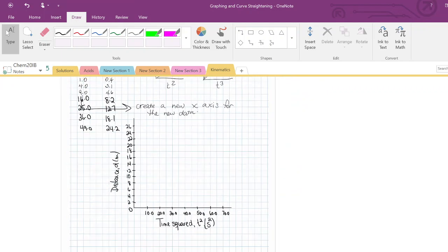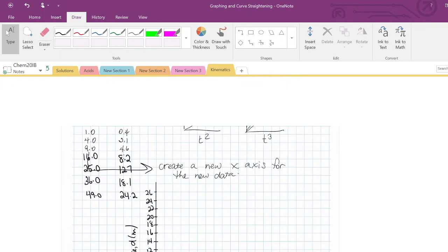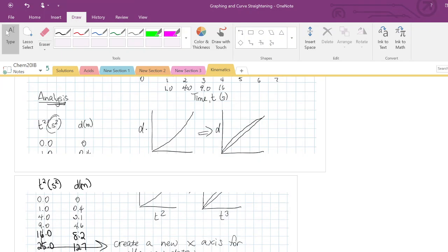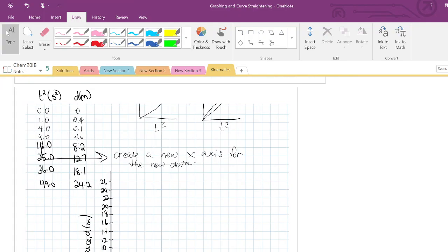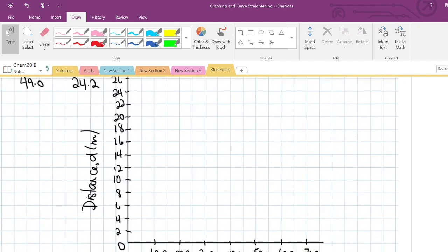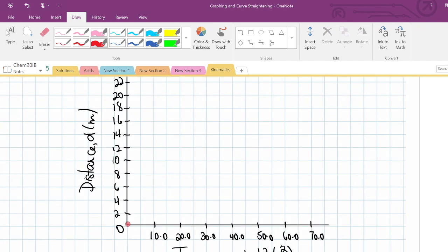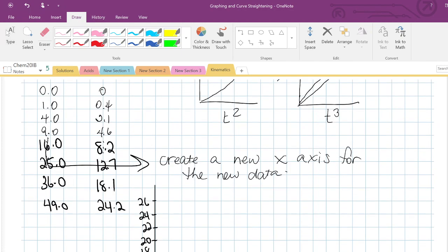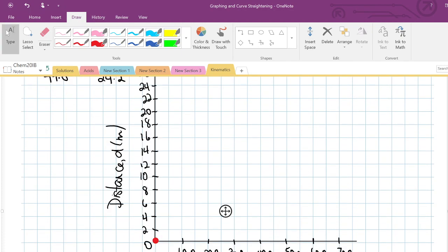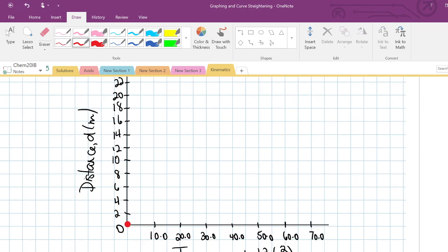We know that our zero seconds squared is our 0 distance. That's kind of a thick line. Let's choose a smaller one. At 1, I have 0.4. So I'm going to undo that dot. It's just slightly too big.